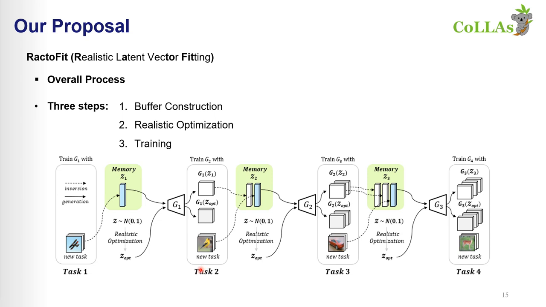At task T2, we train G2 with the images in this box, which is a combination of reconstructed images of latent vectors in memory, generated images from realistic optimized latent vectors, and new task images. After training G2, we update the latent vectors from the previous memory and newly invert the new task images. And this process is continuously repeated.